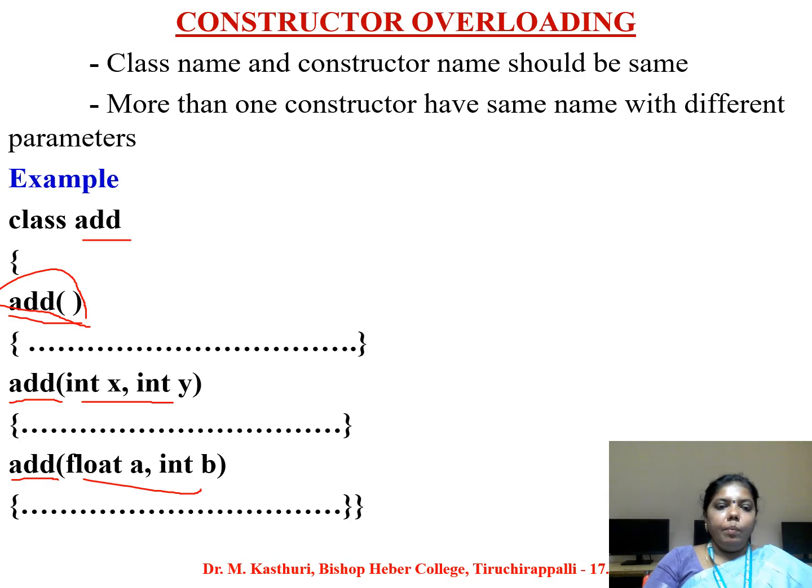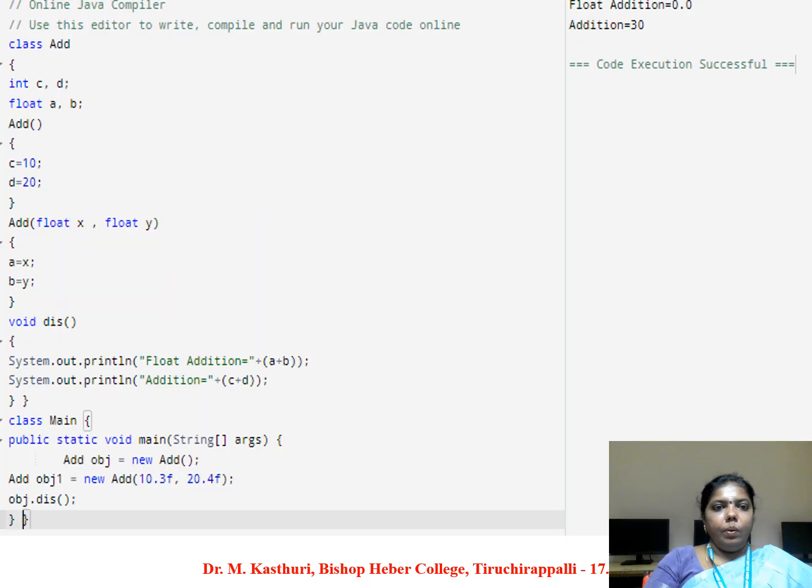More than one constructor is created with the same name as the class, but with different types of parameters, and that is called constructor overloading. This particular piece of code is useful to understand how constructor overloading performs.